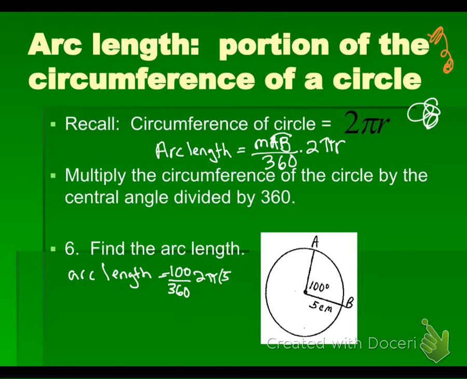My r is 5 centimeters. You know that 2 times 5 is 10. And then you know that 10 goes into 360 36 times. And we can continue to reduce, or you can just put it in your calculator. If you put it in your calculator, you would have 100 pi divided by 360 or 36. And that gives you what value?